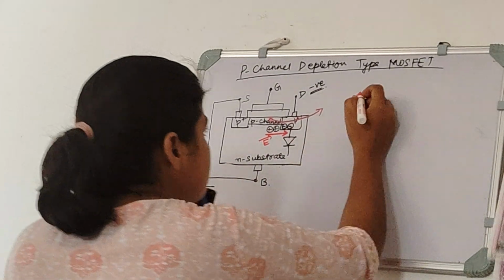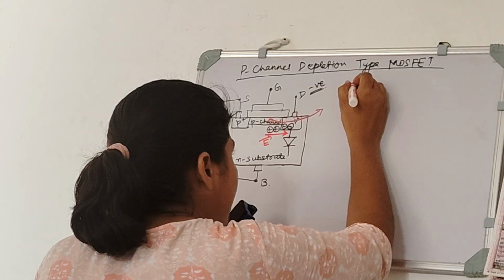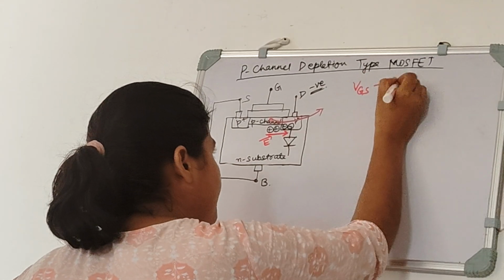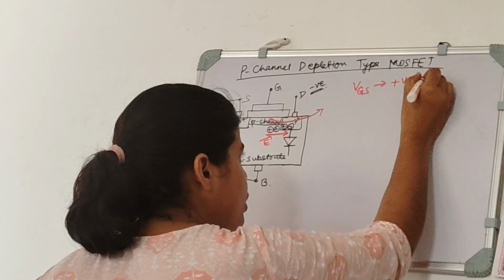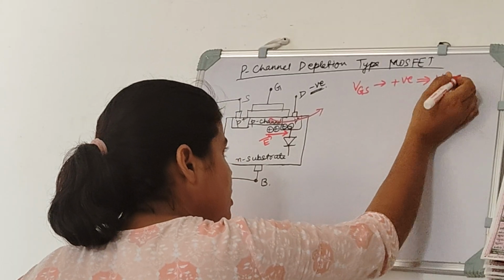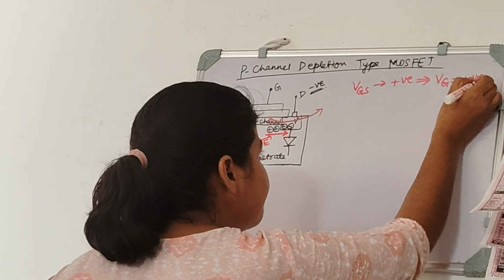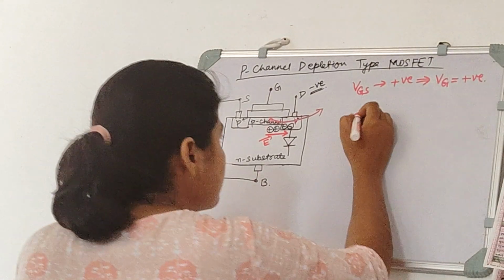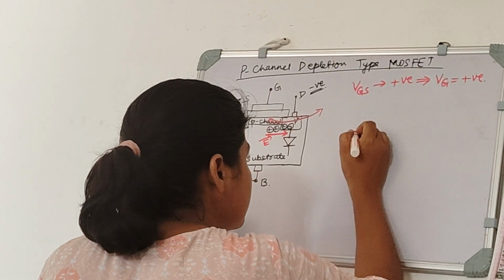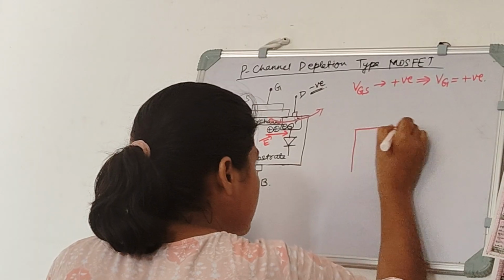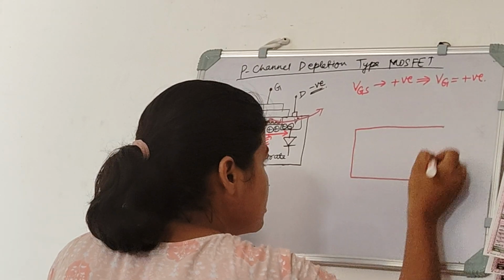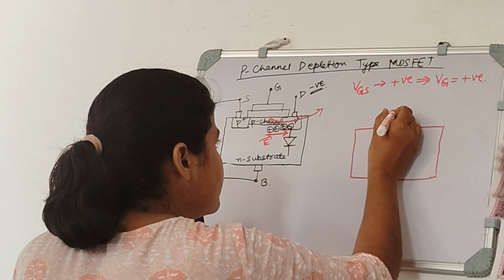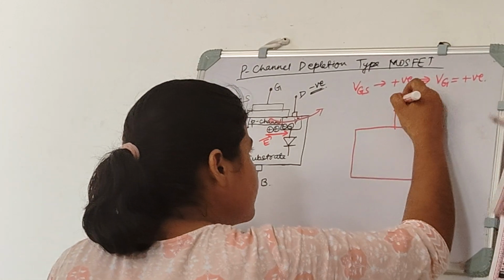So for that, let us see first what happens when our VGS is positive. That means what? Our VG will be positive, because our VS equals 0. So when VG is positive, let's draw first. This is our channel and this is gate terminal.